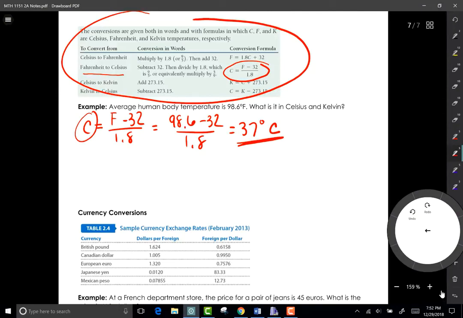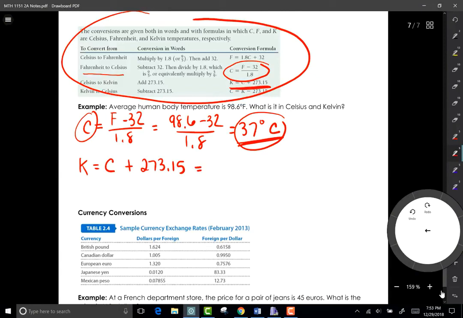Now I want to take and change Fahrenheit to Kelvin. The only formulas it looks like we have is from Celsius to Kelvin and Kelvin to Celsius. And we have what the Celsius is. So let's take the Celsius and change it to Kelvin. So we'll use this one here. We're going to say Kelvin is equal to the Celsius plus 273.15.